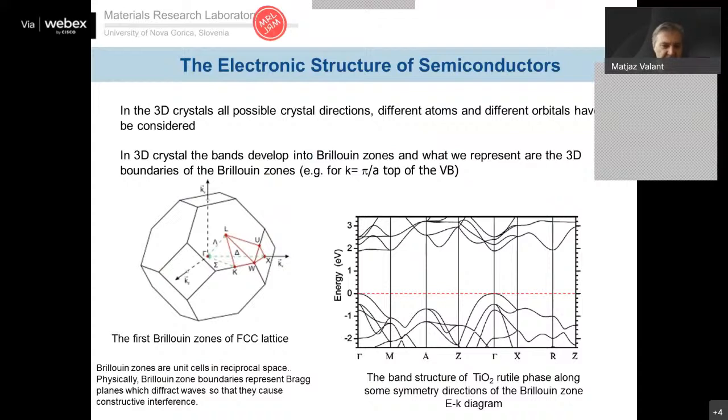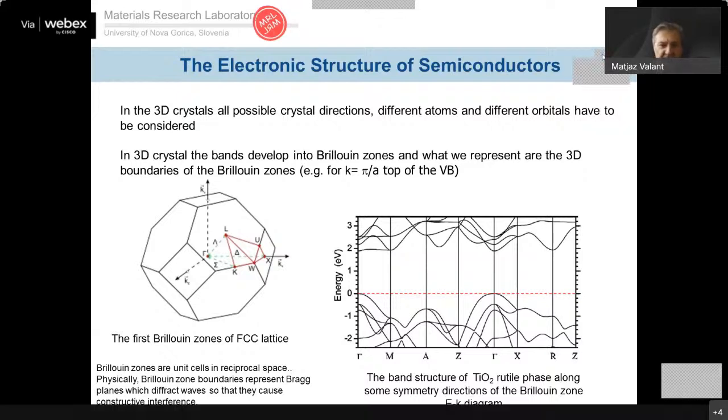Okay, as I already showed you before, in 3D crystals the situation is much more complex in reality. So we have all possible crystal directions, different atoms, different orbitals, and all that we have to consider.